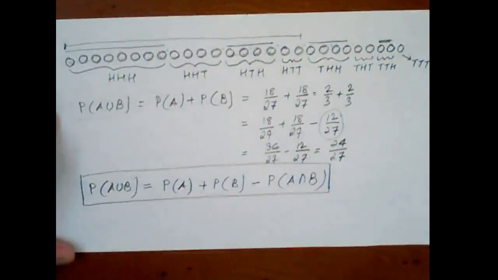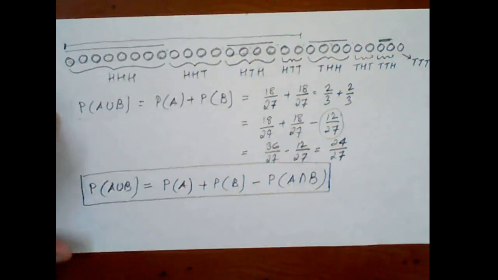Okay, but then remember, in the first example, when we asked what is the probability that all 3 are heads or all 3 are tails, in that question we didn't end up with this kind of a problem. Why?